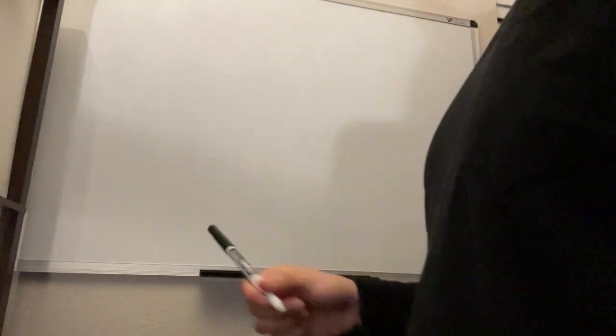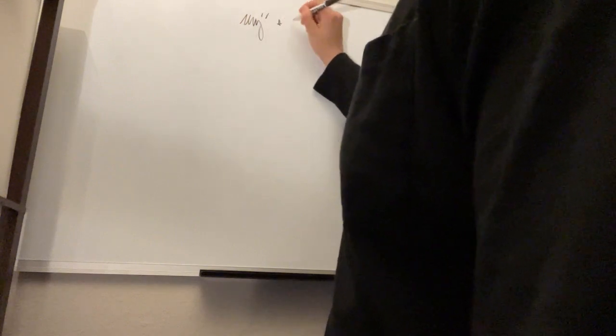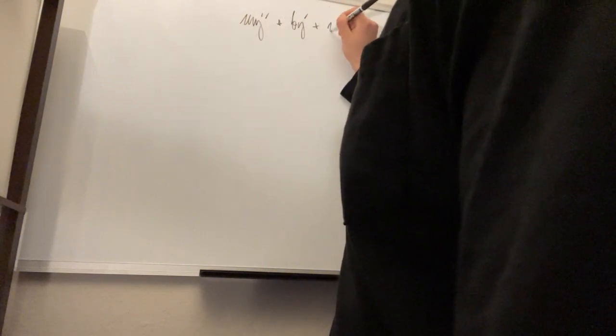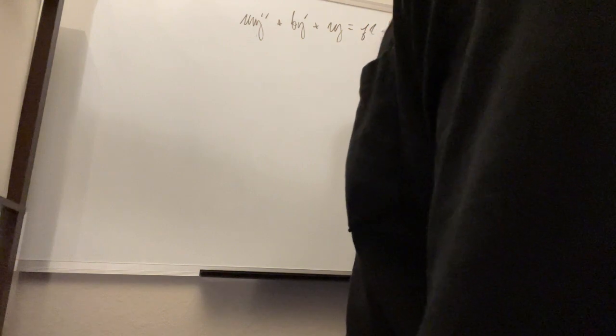Now, there is a faster way of finding a particular solution to the nonhomogeneous second order linear differential equation ay double prime plus by prime plus cy equals f of t.